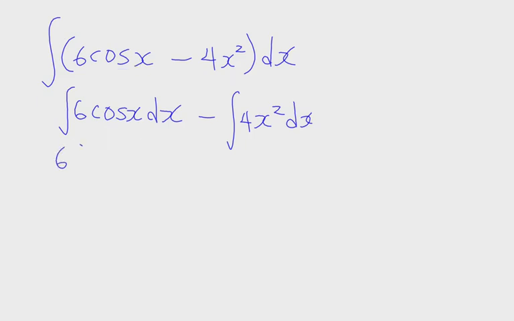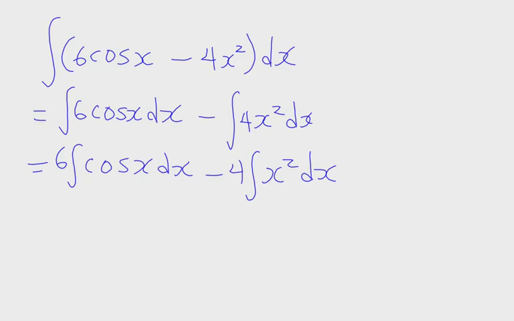So bring out this integral cos x dx minus, we bring out this 4, minus 4 integral x squared dx is equal to now 6 sin x, because integral of cos x is sin x, and then minus 4 x raised to power 3 over 3 plus 6.